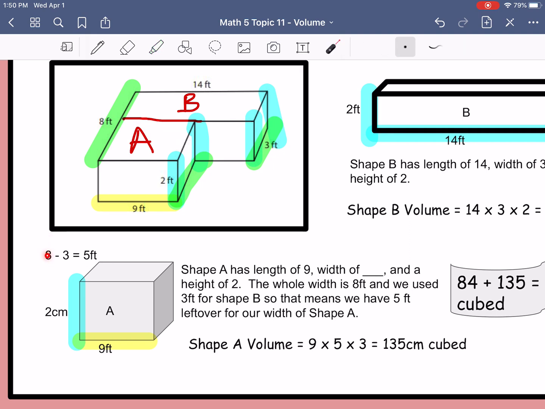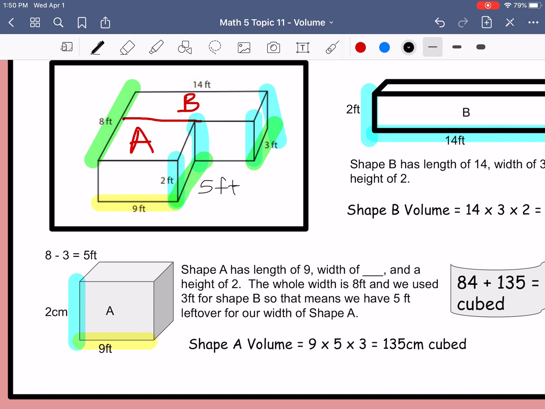Okay, so 8 is the total width of the whole figure. We used up 3 in shape B. When I subtract these, I get that the width then is 5. So this piece right here is now 5. Let's write that in. So this is 5 feet.